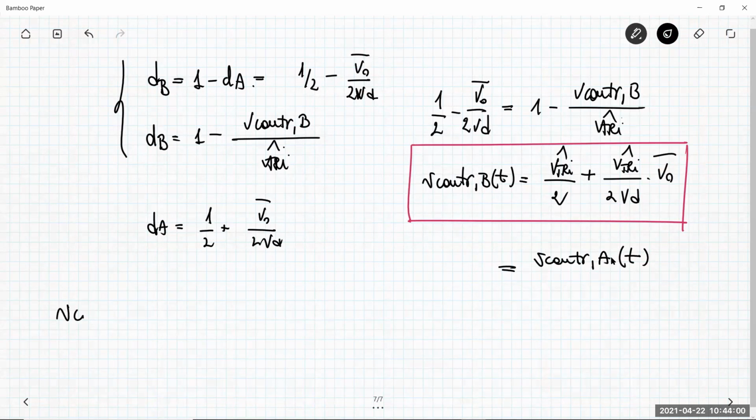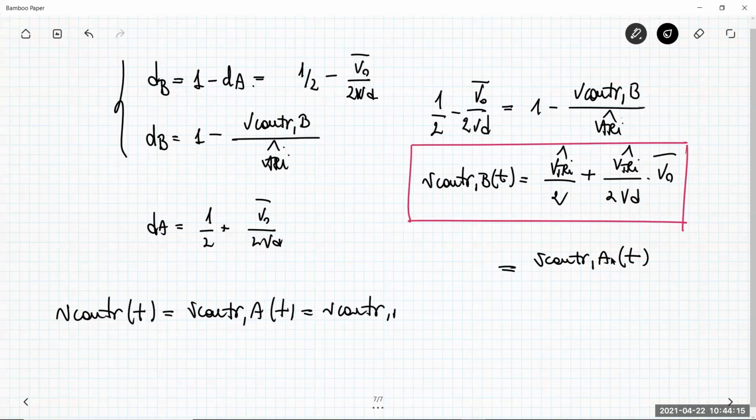Okay, so V control overall is the V control A, which is the same as the control voltage B. And this is V triangular peak divided by 2 plus 2 Vd multiplied by V naught.